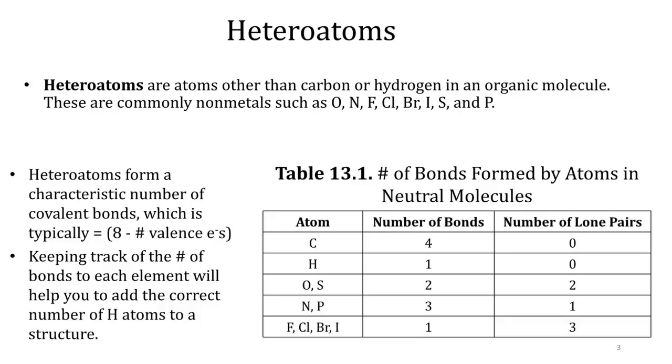Nitrogen and phosphorus, which are in group 15, with 5 valence electrons, form 3 covalent bonds and have 1 lone pair. And then the halogens, fluorine, chlorine, bromine, and iodine, with their 7 valence electrons, tend to form 1 bond for saturated systems. And then they'll have 3 associated lone pairs on the heteroatom.